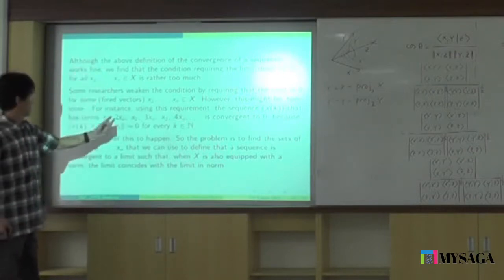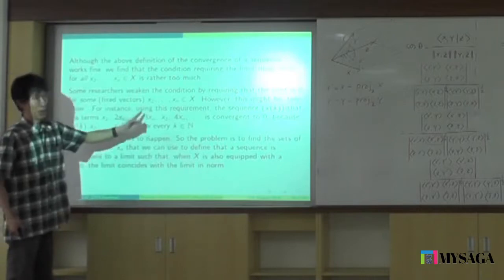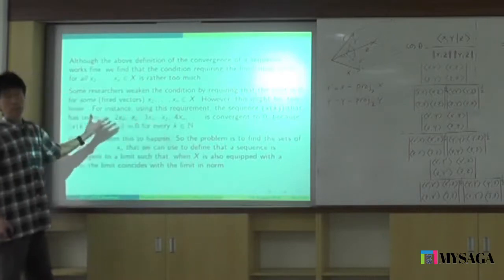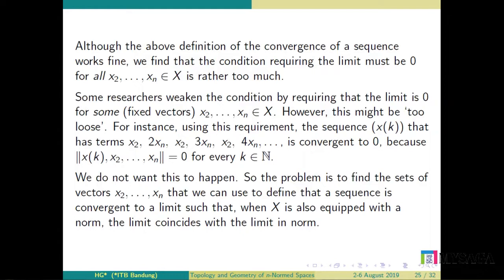Imagine n is 10. For the even terms, you always have a multiple of xn. So if you put that here, you also get 0. So if the odd terms go to 0 and the even terms go to 0 also, then this thing must go to 0. But I don't see that this sequence is close to 0.